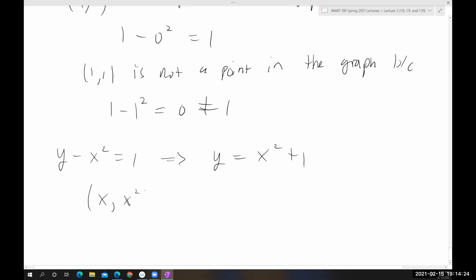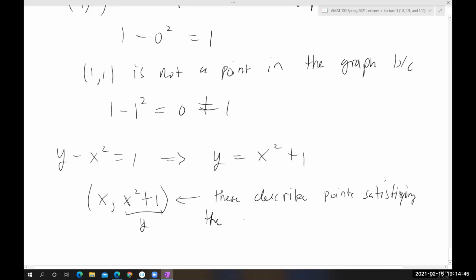So you just substitute in what y is. These describe all points satisfying the equation, and therefore are on the graph.